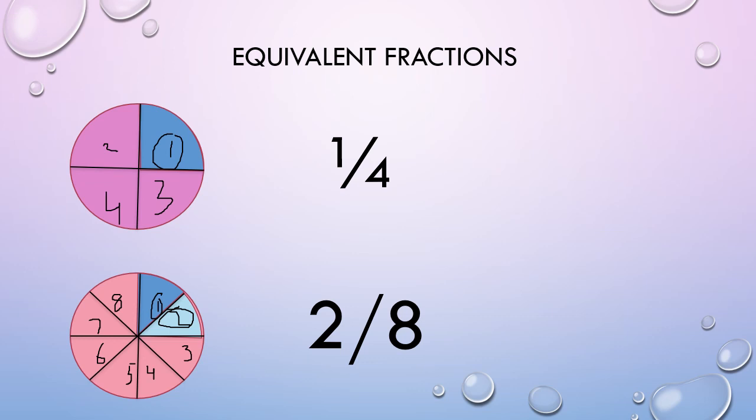So now we need to see if these are equivalent. Well, do they cover the same amount of space? Yes, they do, because this covers this much area, like this blue part over here, and this covers this blue and green part, which add up to the same area as this. So we can say that this is equal to this. And so this fraction is equal to this one.